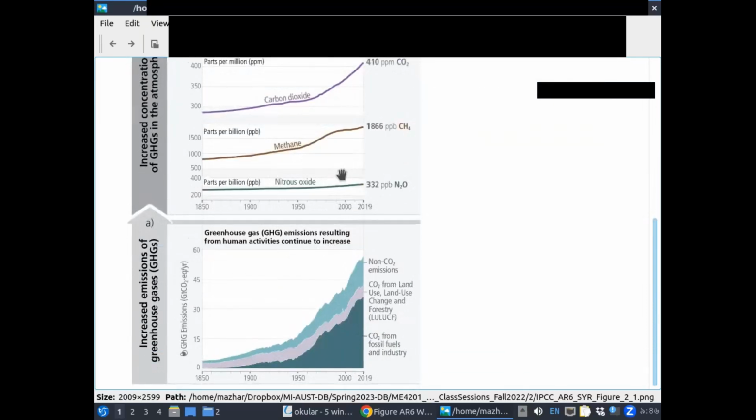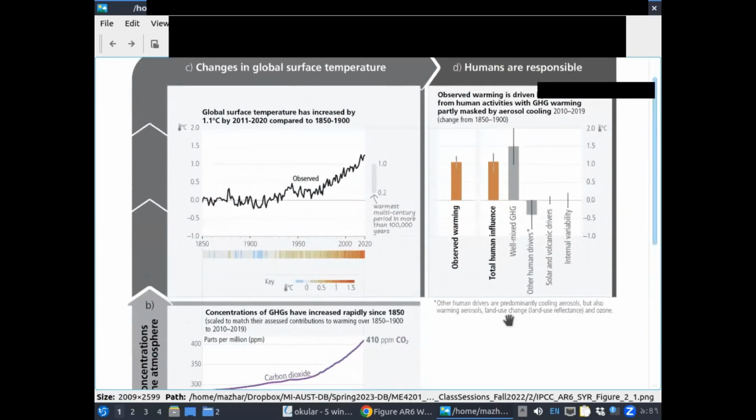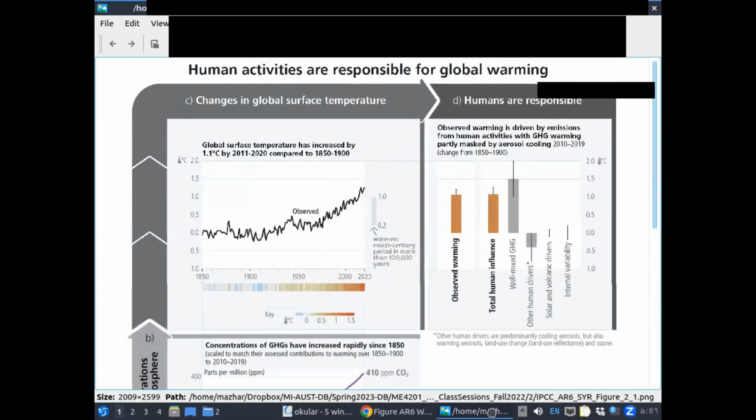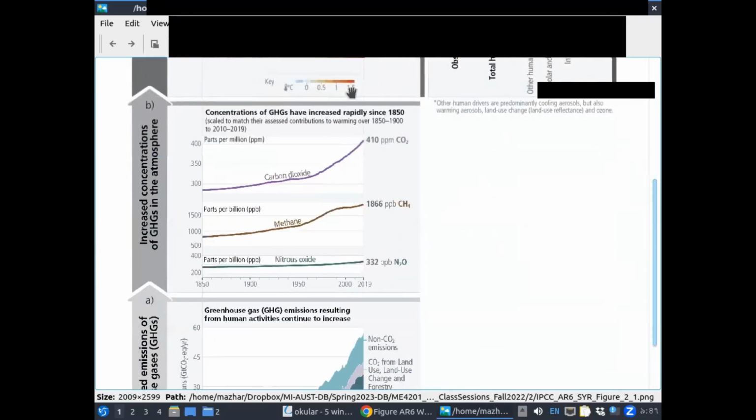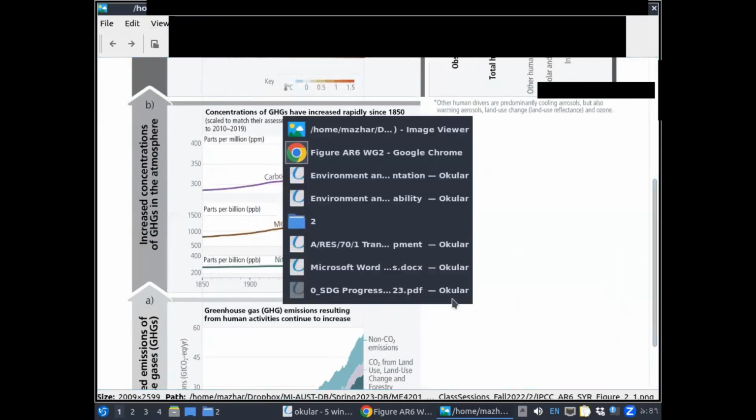Also, non-CO2 emissions are systematically increasing. So this is very good scholarly evidence from the IPCC, the Intergovernmental Panel on Climate Change. Okay.